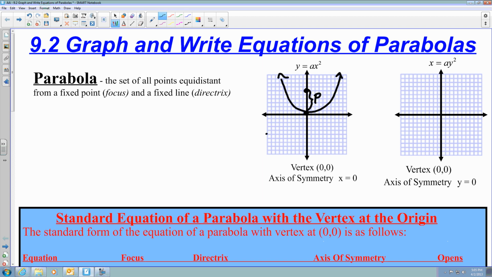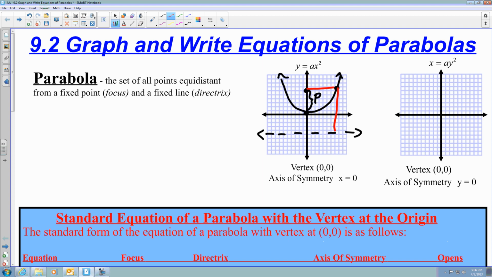And so the directrix is a line that is away from the parabola. What that definition means is that if I take the distance from this point, say right here, the distance from here to here is the same distance from here to here. Now that may not look that way because I may have drawn the graph incorrectly, but that's what it's supposed to mean.